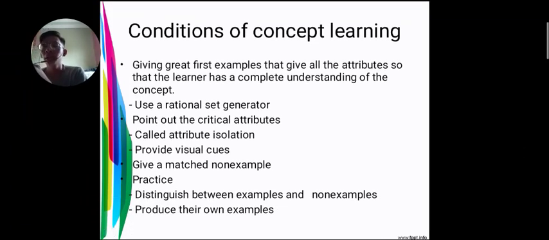For this material, we have some ways. The first is giving a great first example that gives all the attributes so that the learner has a complete understanding of the concept. For this, we can use a rational set generator. Second is pointing out the critical attributes, which is called attribute isolation.